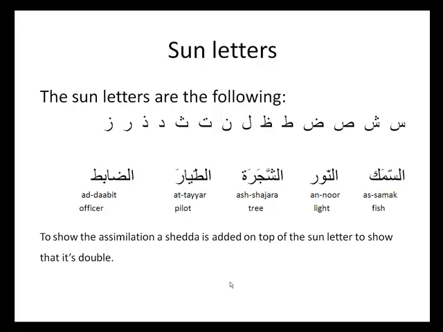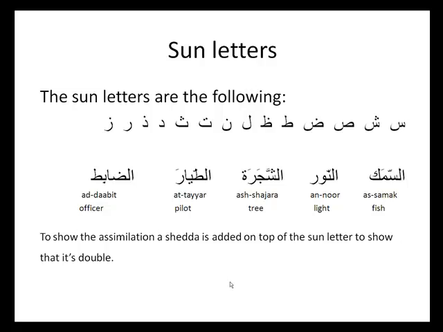The letters that you can see in front of you on the screen now cannot be pronounced together with L, or if you pronounce them with an L, it's difficult, cumbersome, and you need to have a little pause in between. The sun letters are sin, shin, sad and dad, and ta and that, and lam, nun, tha, dal, dhal, ra, and zay.